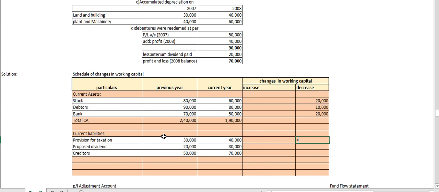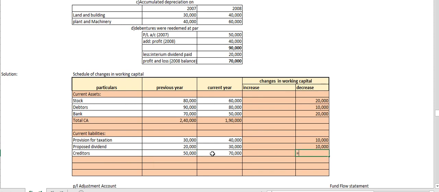The amount is 40,000 minus 30,000. And proposed dividend last year it is 20,000, the current year it is 30,000. Again it is increased, again you will show it in your decrease column. 30,000 minus 20,000. Next is your creditors. Last year it is 50,000, the current year it is 70,000.